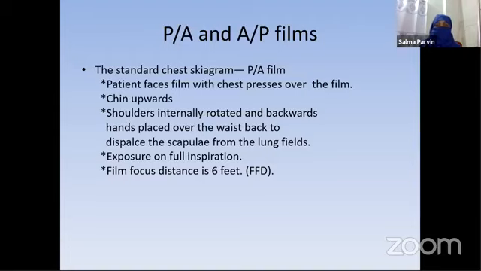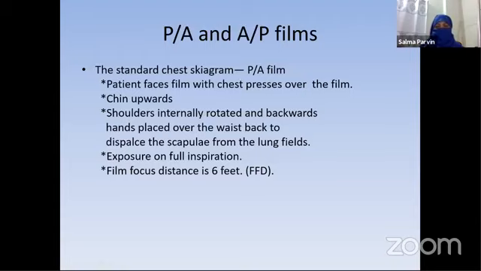So AP films are far more important and seek the doctor's concentration multiple times more than a PA film really. So whenever we get an X-ray film exposed, whether it is PA or AP film, we must decide earlier.